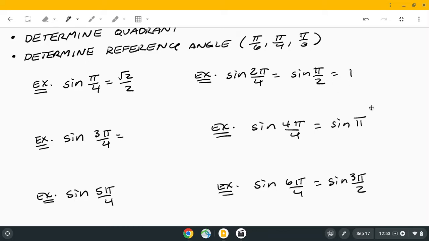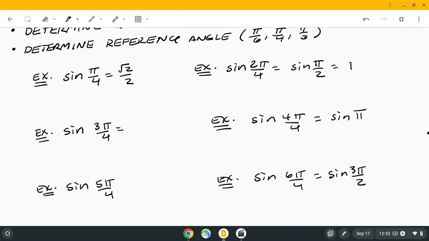Unless they reduce to some other fraction, they're all going to have this parent angle as a reference angle. Okay, so let's see.